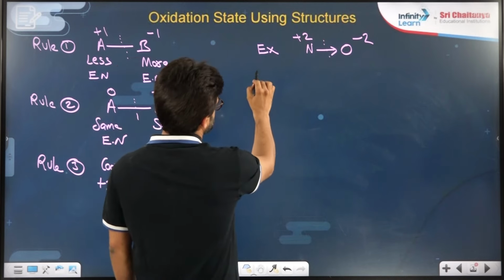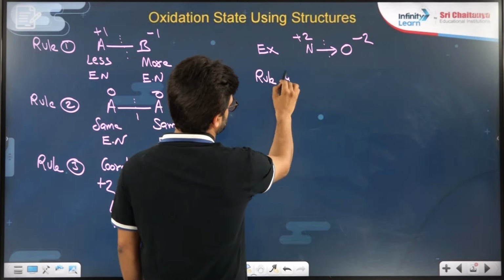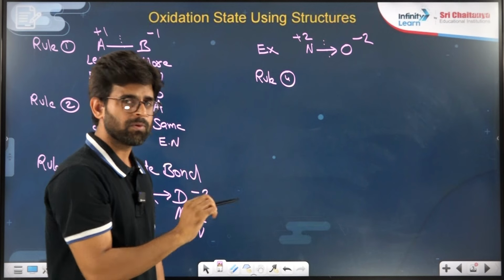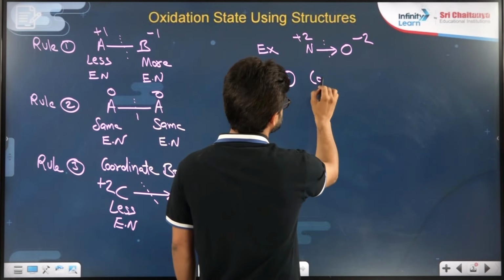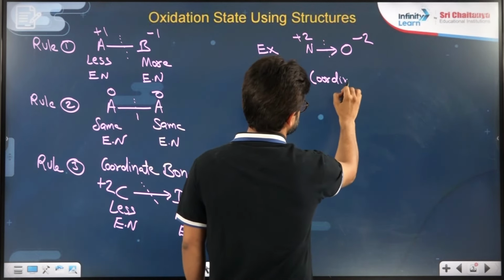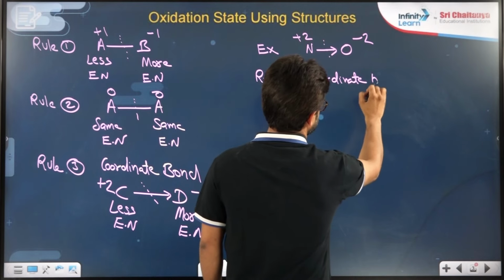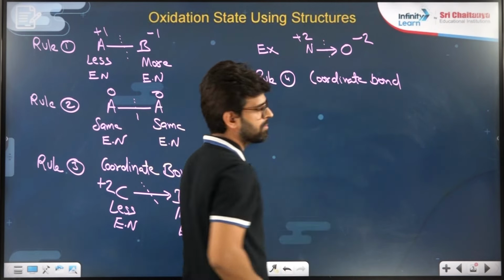And next, if you go for rule number 4, again it is for a coordinate bond, but with a little change this time. This is a coordinate bond, right?